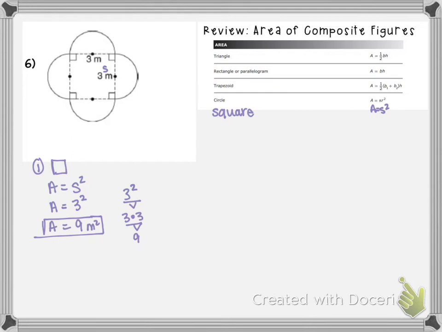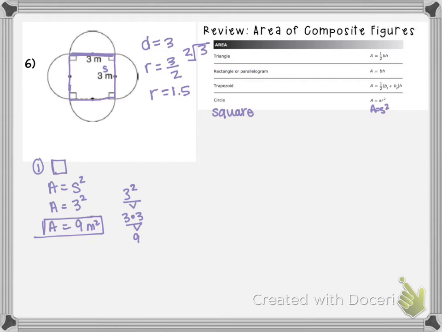Okay, so now we have circles. If it's a square, we have all the way across the circle is 3, which means our diameter is 3, okay? And our radius is 3 divided by 2, which hopefully we know is 1.5. If you don't, go off to the side and divide that out, okay? But because it's a square, all of our diameters are 3, which means all of our radii are 1.5. So if I have 4 half circles, how many total circles do I have here? They're all the same.